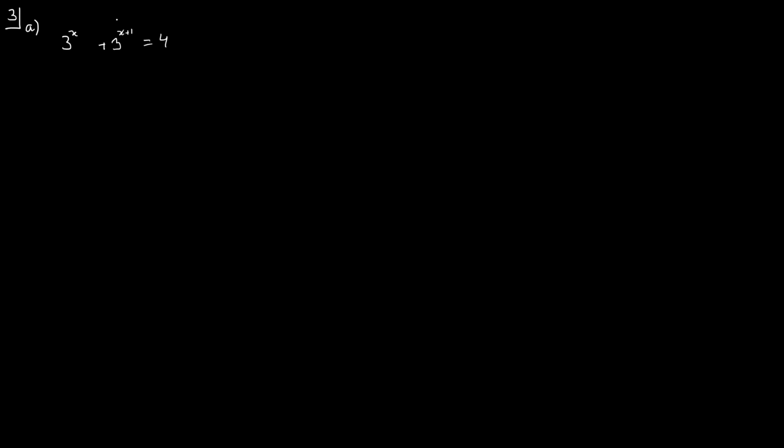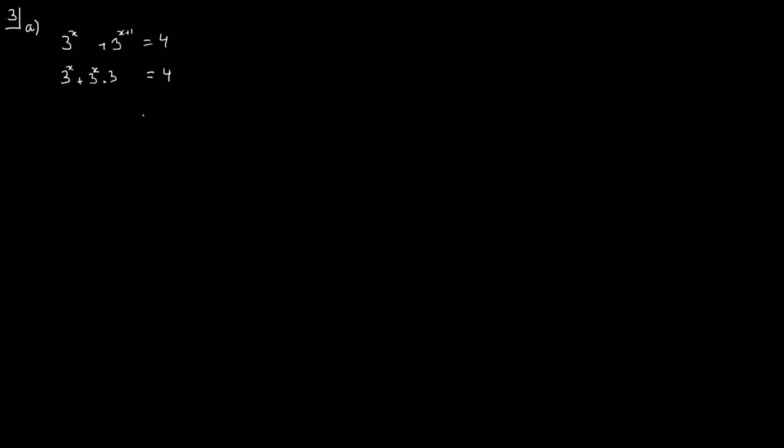But there's a way to simplify these things. Basically what you could do is say, well, these 3^x and 3^(x+1) look very, very similar. Let's see if we can maybe factorize or simplify it. For this, we could rewrite 3^x just the same, and then 3^(x+1) is nothing more than 3^x times 3, is equal to 4.